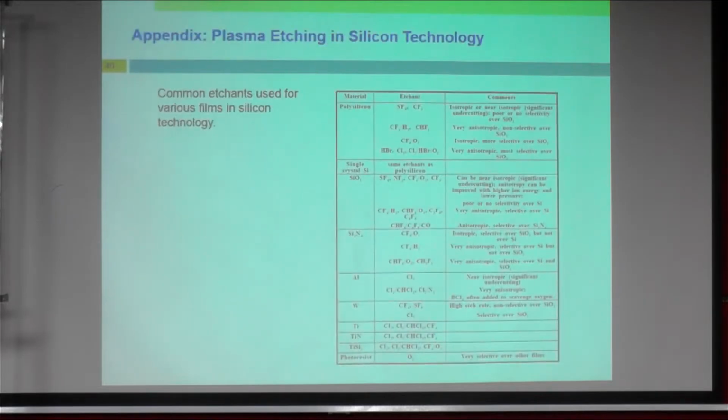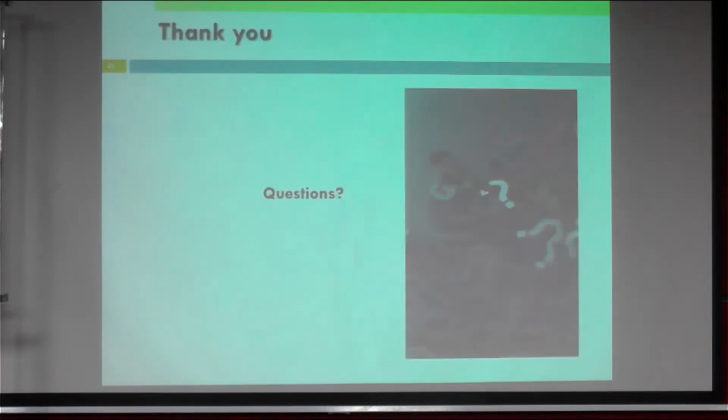So this is a common set of etching actions. For polysilicon you use this kind of etchant, and for single crystal and silicon dioxide, these etchants, etc. You can always refer to the textbook for the etchants.